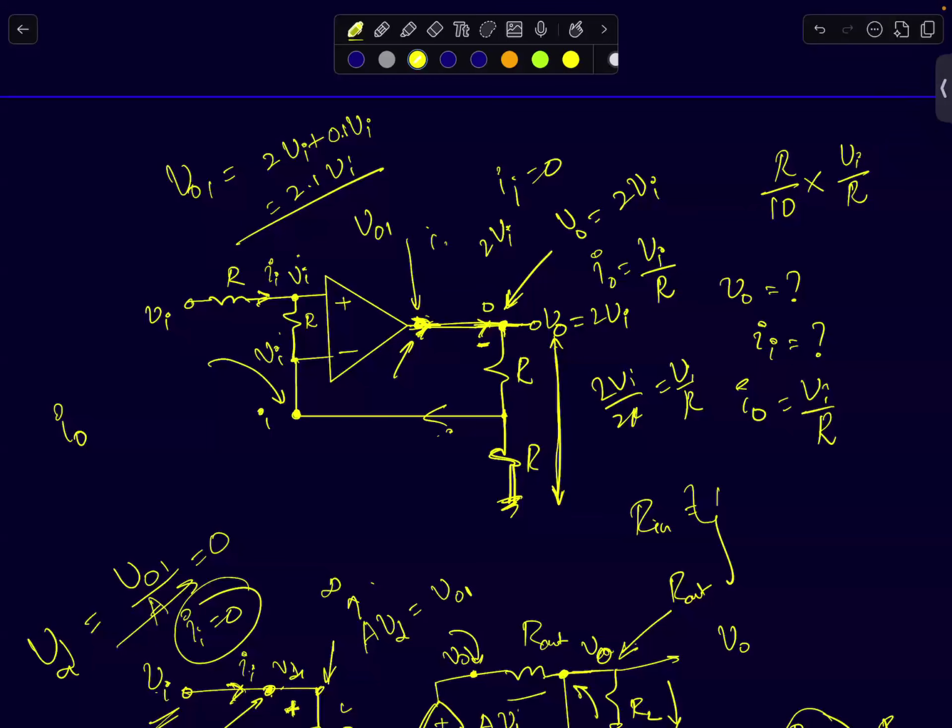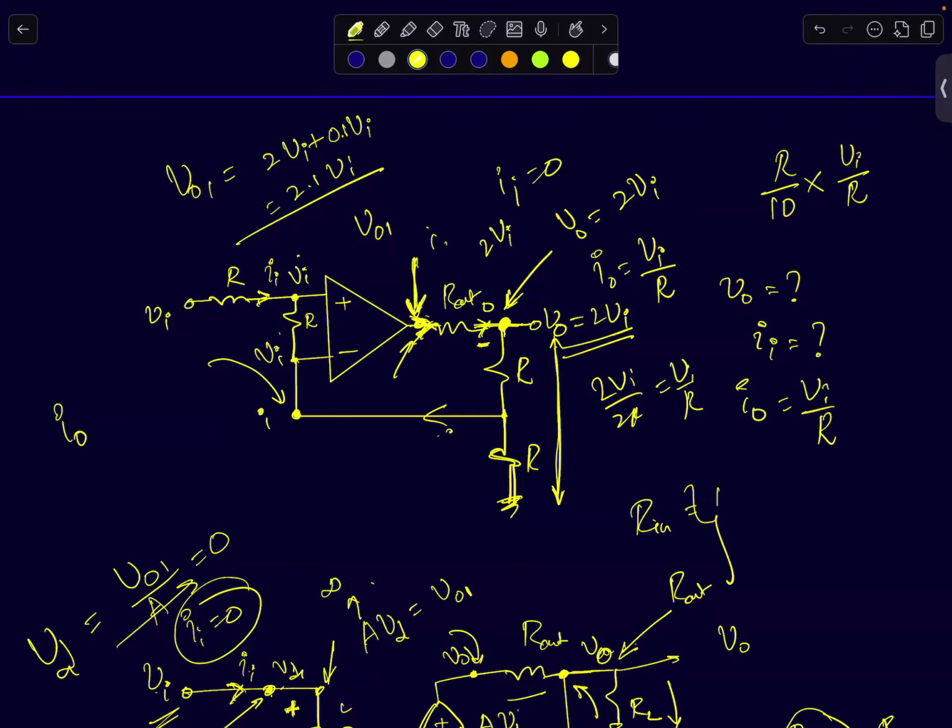The current that the op-amp has to supply will remain the same, and the output voltage V naught will remain the same. But adding R by 10 will change the absolute op-amp's output voltage. I mean, the output of the op-amp itself will change, but not the output voltage, because it's carrying some current, so the op-amp's output node has to change. That's the only change.